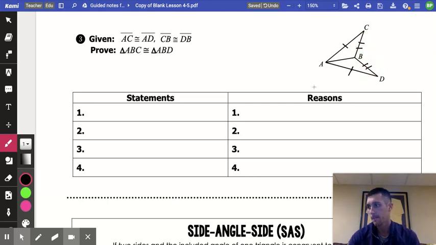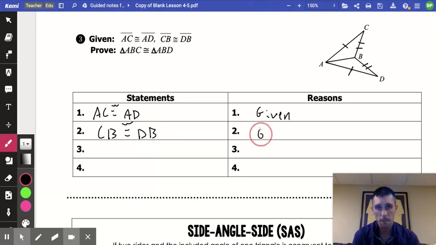So the statement AC congruent to AD was given. And then CB is congruent to DB, given. They were both up there in that given line. Now, what are we trying to prove? Prove is going to be our last.